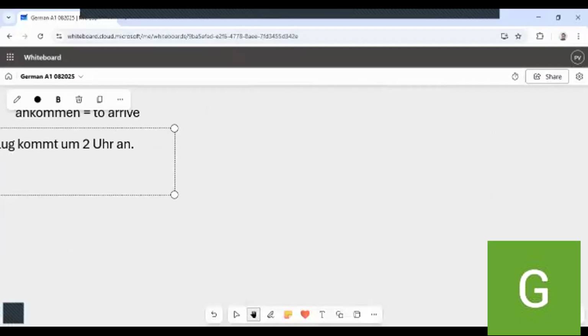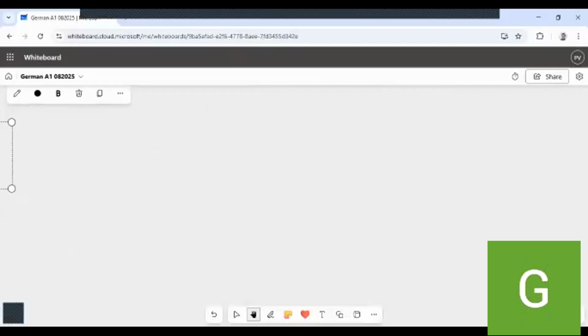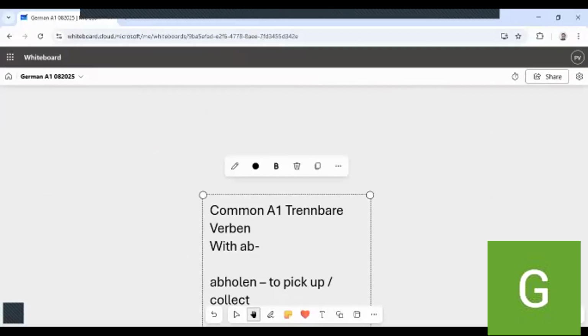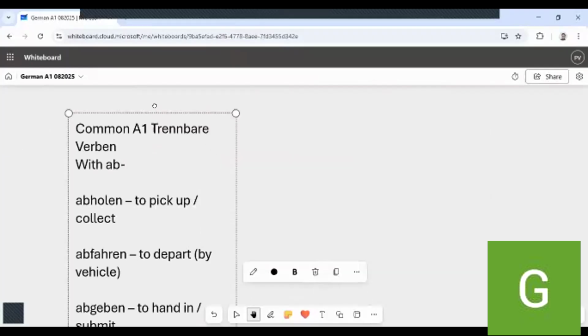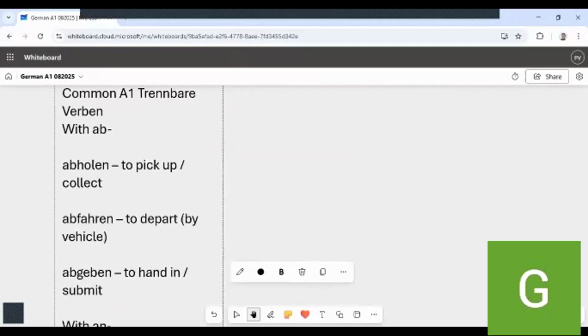I'm writing this list, and I will also send it to you. These are the common A1 Trennbar verbs. It is also written with abholen, to pick up, to collect, which I already explained.